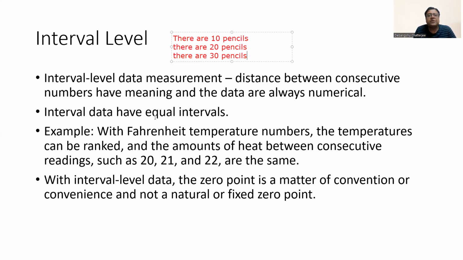So interval data has equal intervals, even if it is, say, 11. Say this is 11. So you can deduct one from the other and there will be an equal interval. Example, with Fahrenheit temperature numbers, the temperatures can be ranked and the amounts of heat between consecutive readings such as 20, 21, 22 are the same.